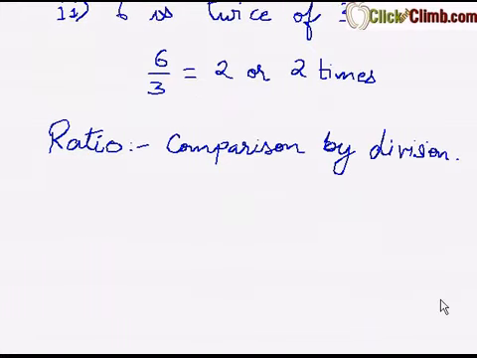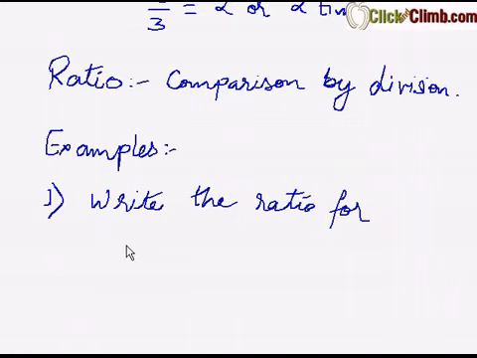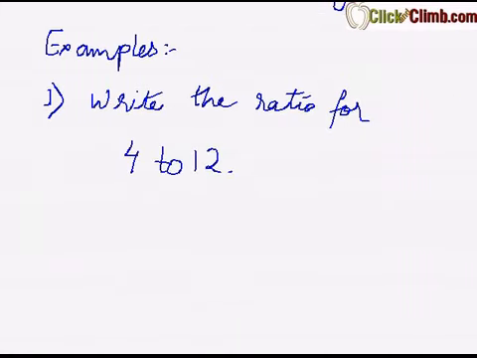Okay, now how to write the ratio? There are three ways to write a ratio, and we will understand them with the help of some examples. Let's take the first example: write the ratio for the numbers 4 to 12.